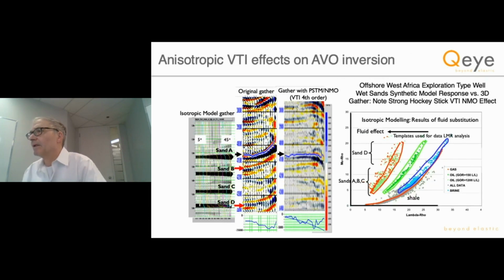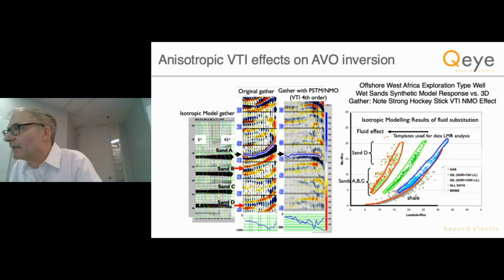Okay, now I'll move on to the anisotropic version of DPI, which is the main content of this webinar. Before I do that, though, I just want to describe the problem. This is actually a drilling experience, exploration drilling that went wrong, and I was for this very effect, this VTI effect.